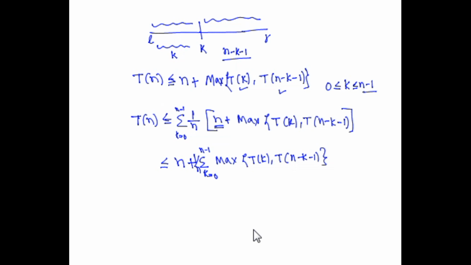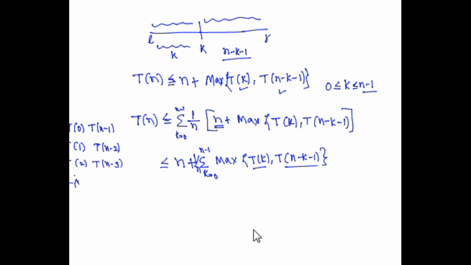Now let's stare at these two terms that you have inside the summation. If k is 0, then the first term will be T of 0, and the second term will be T of n minus 1. If k is 1, you get T of 1, T of n minus 2, and if k is 2, then you get T of 2, T of n minus 3, and so on.